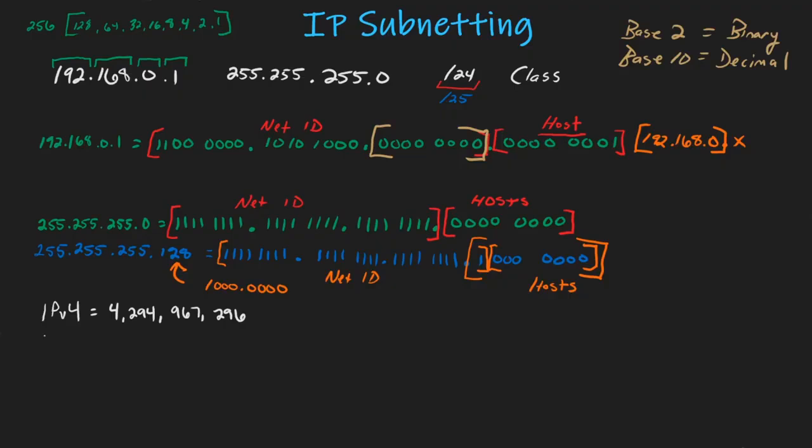Now IPv6, as we kind of talked about, and we'll get into a little bit more here. This number is a little bit bigger, but I'm going to go through it just for the fun of it.